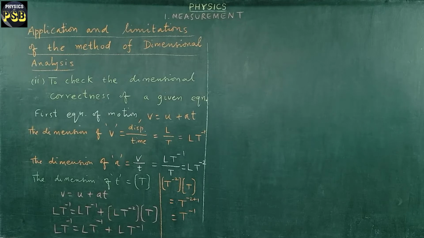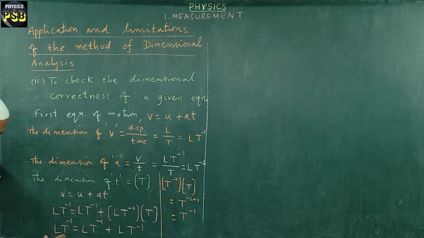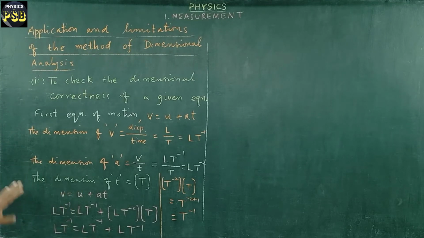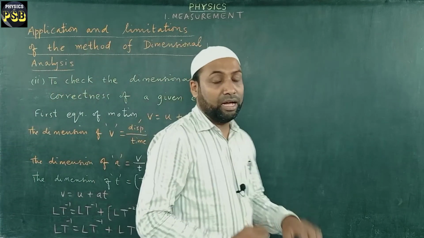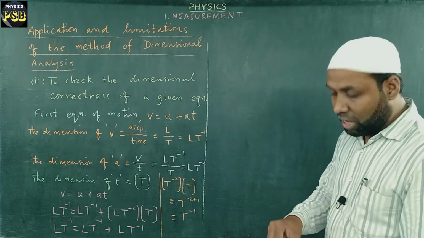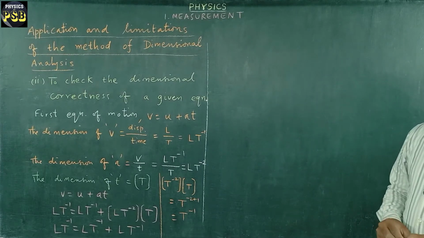So this shows that the given equation is dimensionally correct. How could we say that this equation is dimensionally correct? The reason is the dimension of the left hand side and the dimension of the right hand side is the same. So this equation is absolutely dimensionally correct. Now I will solve one problem. This problem 1.14.